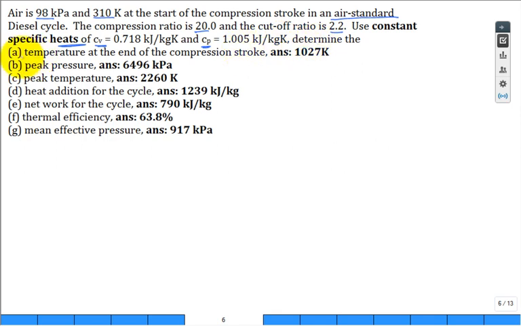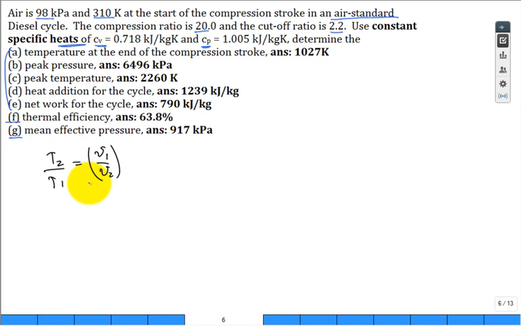All right, determine, and there's a bunch of things, but often all you really need to do is maybe get the thermal efficiency and mean effective pressure. But here I've added a bunch of additional intermediate calculations. So what is the temperature at the end of the compression stroke? How would we calculate that? Well, we're asked to find T2, and T2 divided by T1 is equal to V1 divided by V2 raised to a power.